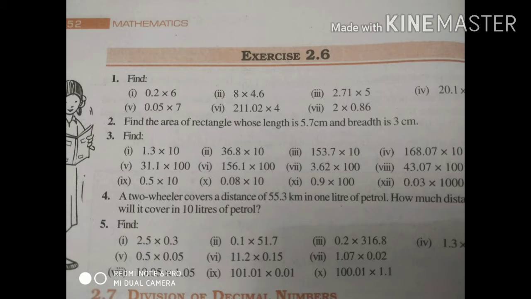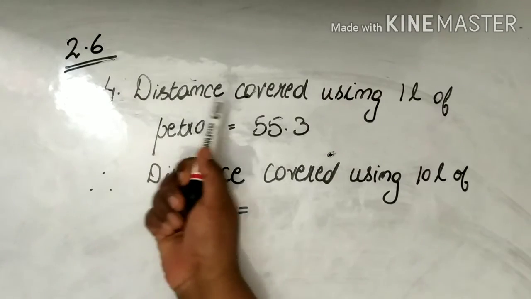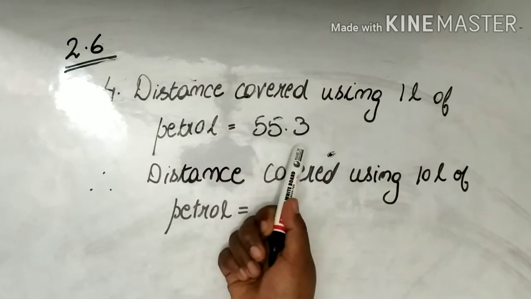The fourth question says, a two-wheeler covers a distance of 55.3 kilometers in 1 liter of petrol. How much distance will it cover in 10 liters of petrol? So what is this? Repeated addition. So multiplication of 55.3 into 10. Let's do it. Now in the fourth question, you'll firstly write the distance covered using 1 liter of petrol is this much.